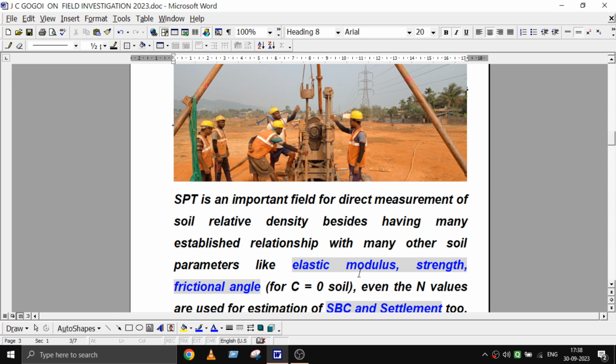Even envelopes are directly used for estimation of SBC and settlement in the Indian standard.